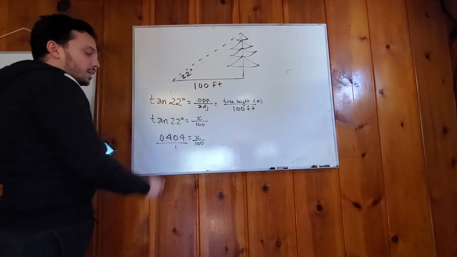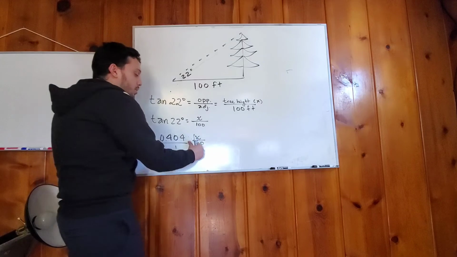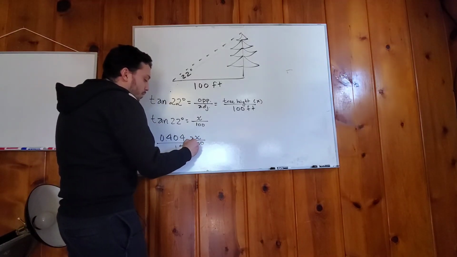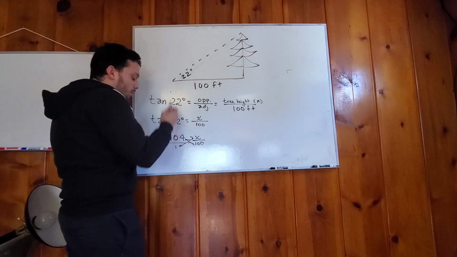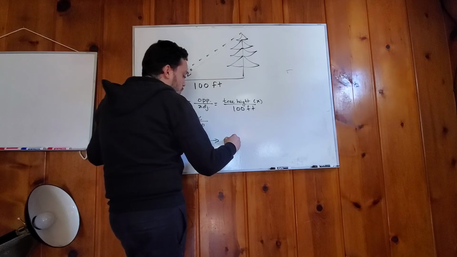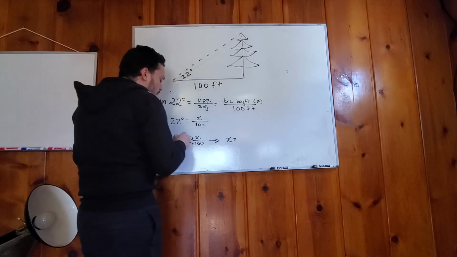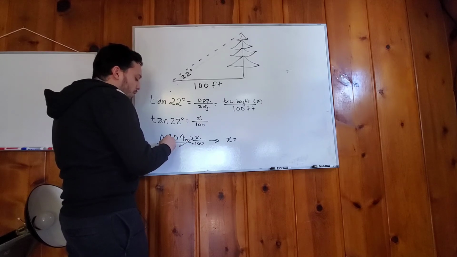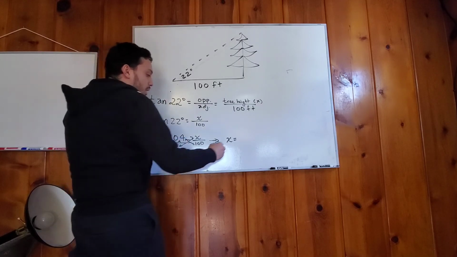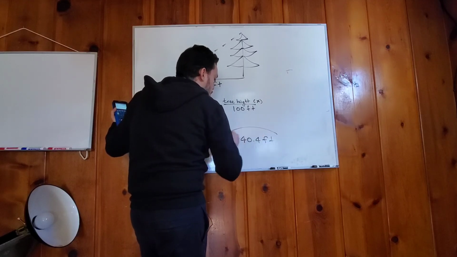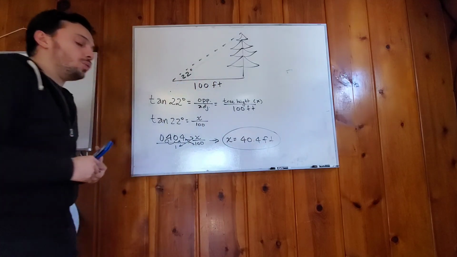So now we can actually do a cross product or cross multiplication. 1 times x and 100 times 0.404. This is going to be pretty easy because 1 times x is x, and 100 times 0.404, we're going to move the decimal 2 places, and it's going to become 40.4. The tree is 40.4 feet tall. That's how you would be able to do it.